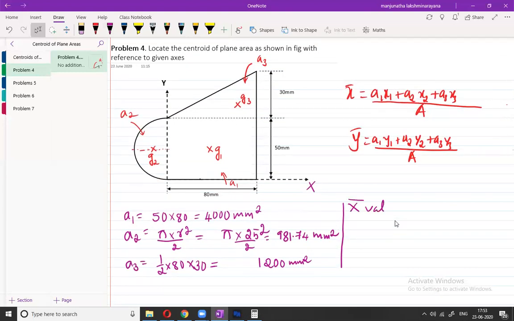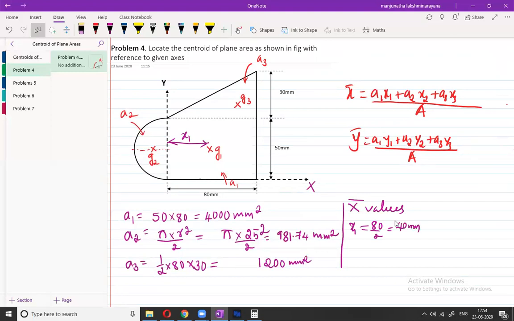Now the distance of G1 from the y axis can be called x1. That x1 is nothing but the rectangle dimension divided by 2, that is 80 by 2, which is equal to 40 mm.